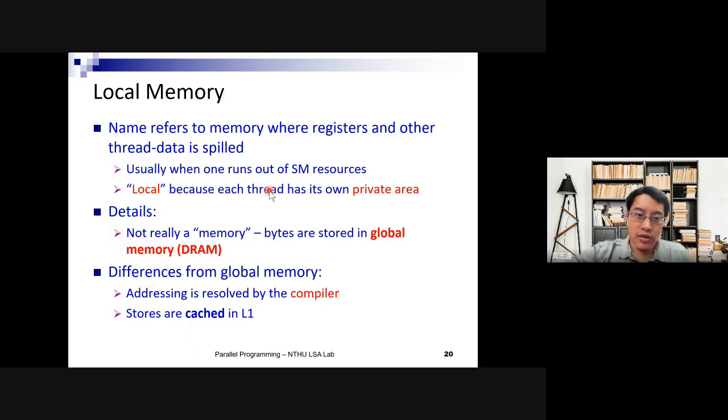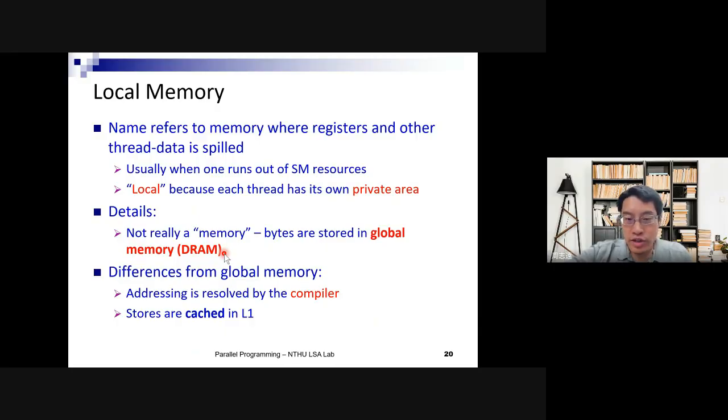The local memory could be cached on the on-chip memory, but the detail depends on the hardware. It is done automatically, not controlled by your program. Although it's called local, it's actually stored on the global memory, the off-chip memory, so it's pretty slow.